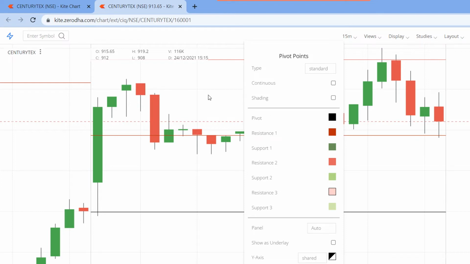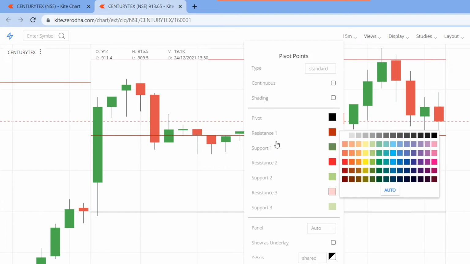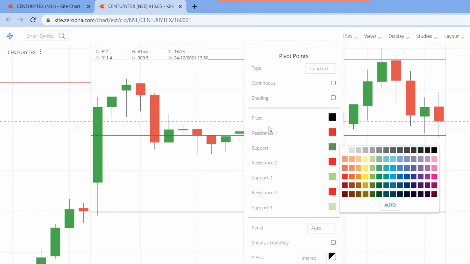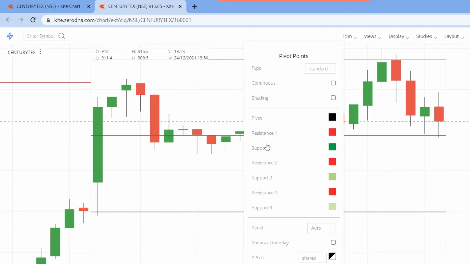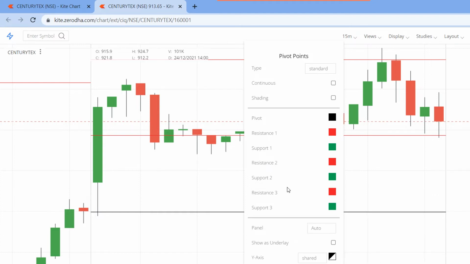As you can see, pivot has a central line. We will leave it in black color, and then you have resistance 1, resistance 2, and resistance 3. Now all the resistances I would make in a single and unique color, which is red, and all the support lines I would make in a dark green color so that it is more visible and easy to spot.